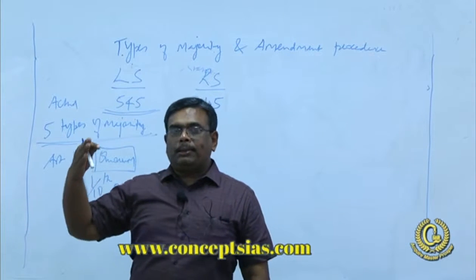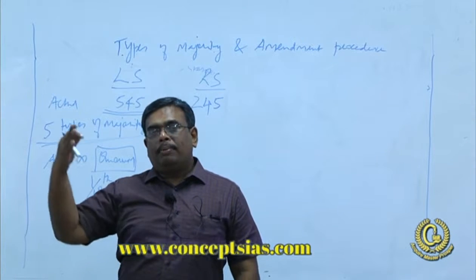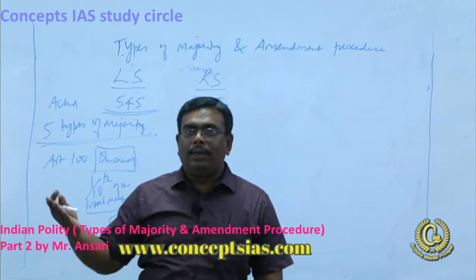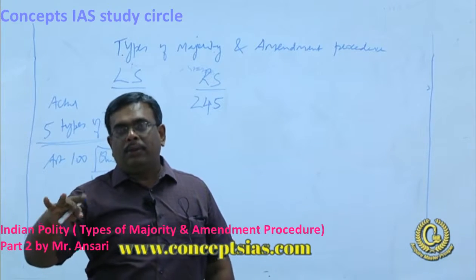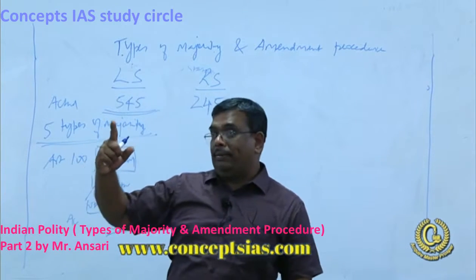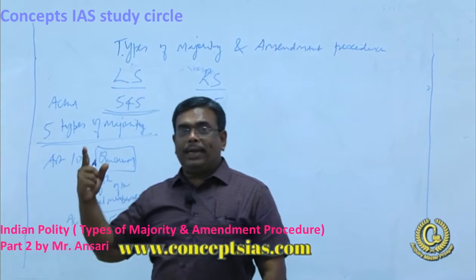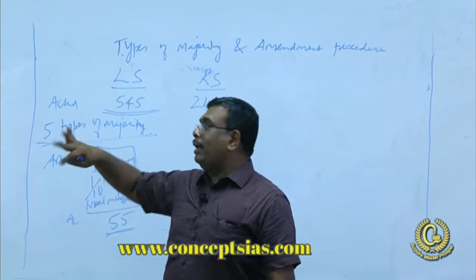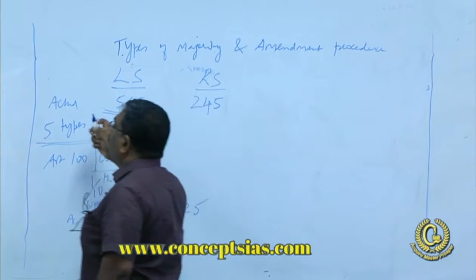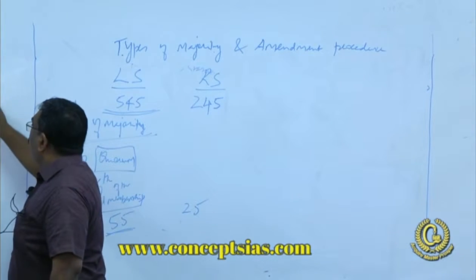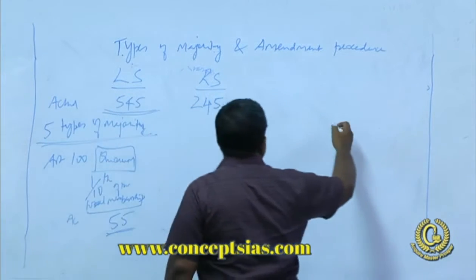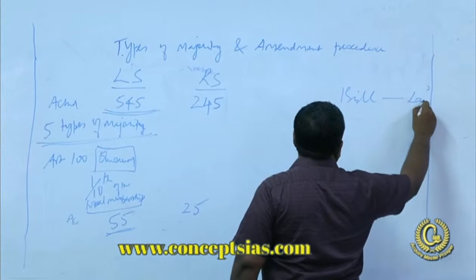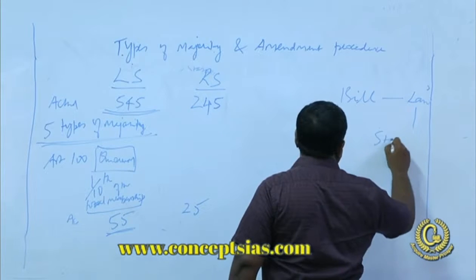When it is given assent by the president after getting passed in both the houses of parliament, it will become a law. Once it is notified in the official gazette and mentioned in the statute book, then that will become a statute. So I'll write here, bill to law to statute.